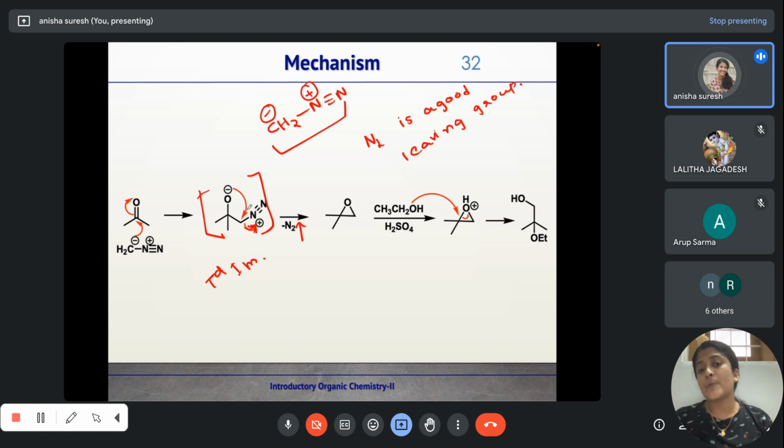Here there is a possibility of removal of the nitrogen molecule, so this O minus will add on to this carbon and this nitrogen gas will be removed. It will result in the formation of this oxygen. Clear? Mechanism is clear till this?